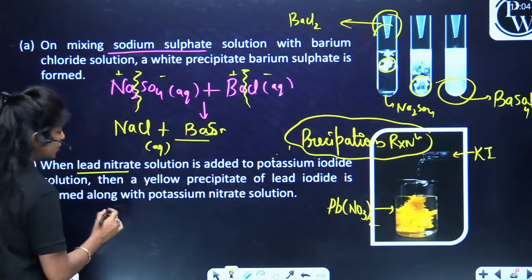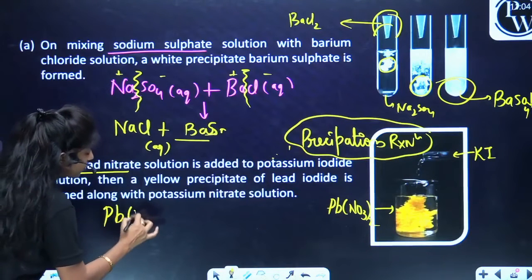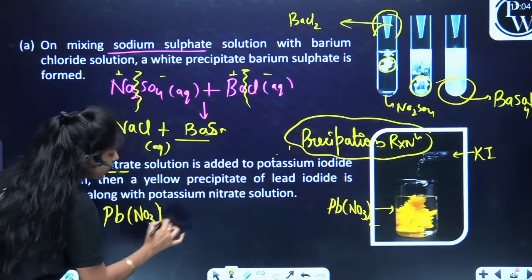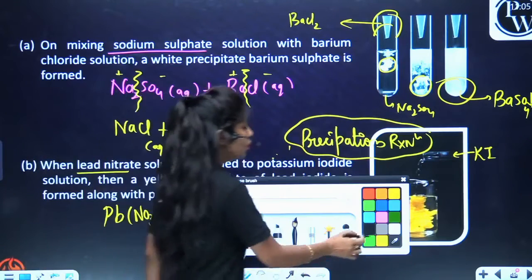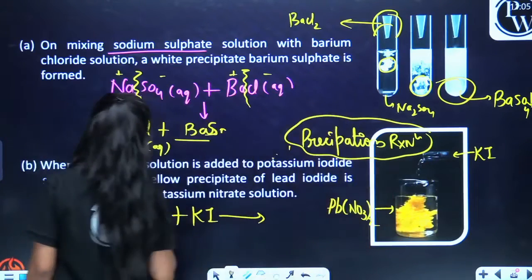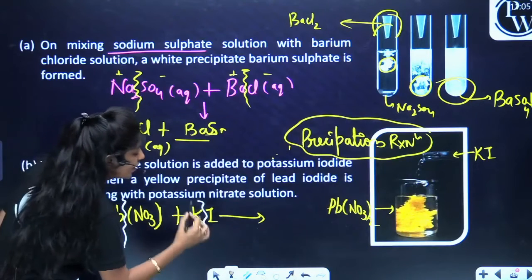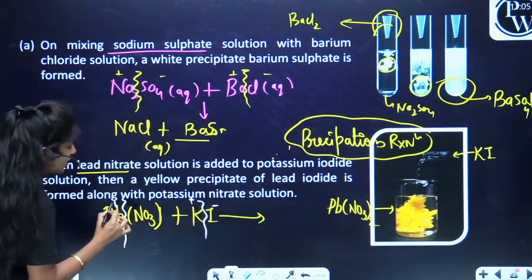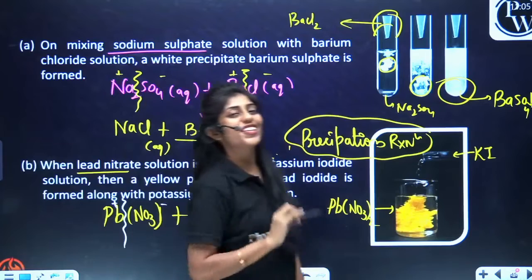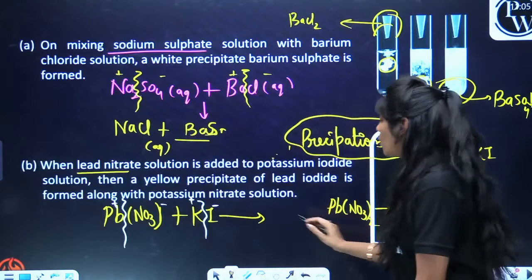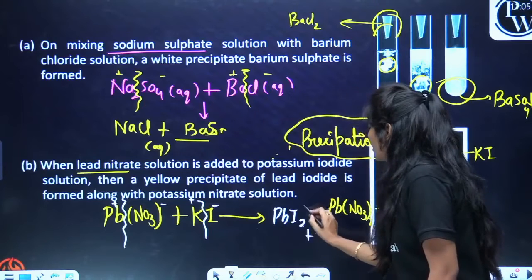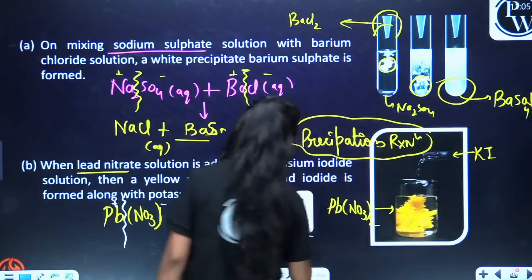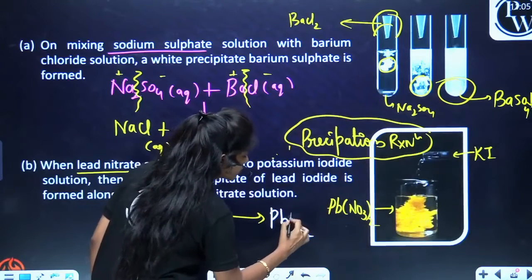What is the reaction occurring here? Lead nitrate reacts with KI, forming what? Use my formula of positive and negative and let me know what this precipitate is. Yes, that is PbI2.